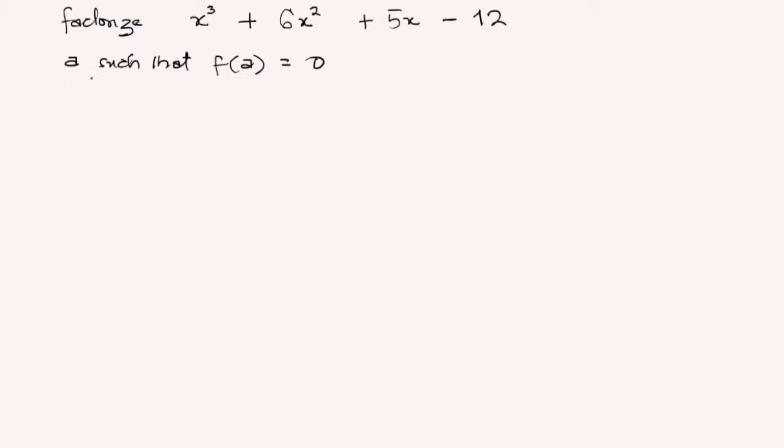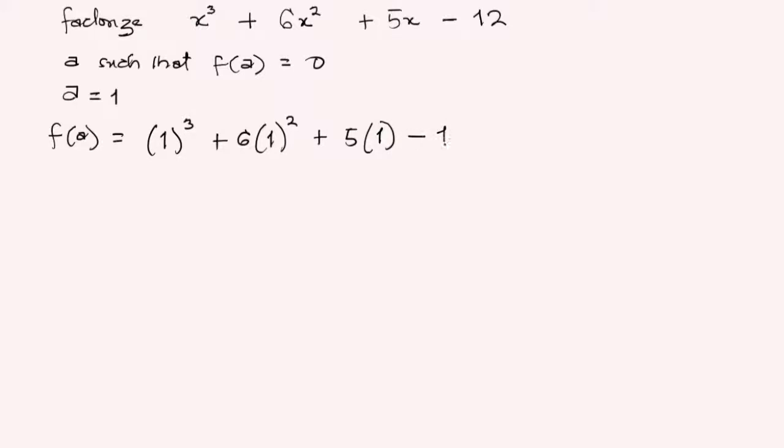If we try out a equals 1, f of a equals 1 cubed plus 6 into 1 squared plus 5 into 1 minus 12. So f of a equals 1 cubed is 1, plus 1 squared is 1 multiplied by 6 is 6, plus 5 minus 12.